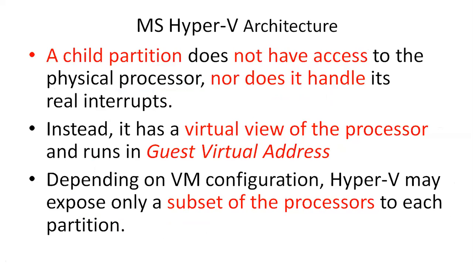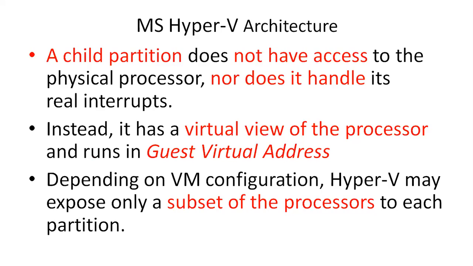Coming to the child partition. The child partition does not have access to the physical processor, nor does it handle its real interrupts. It cannot access the physical processor, and it cannot handle its real interrupts.